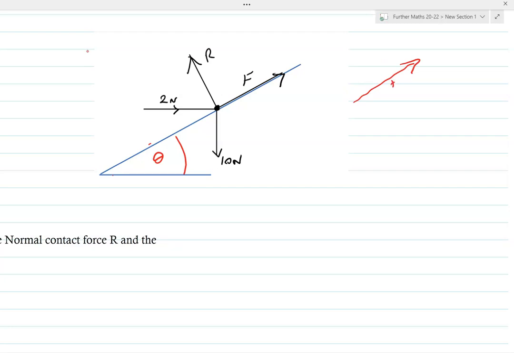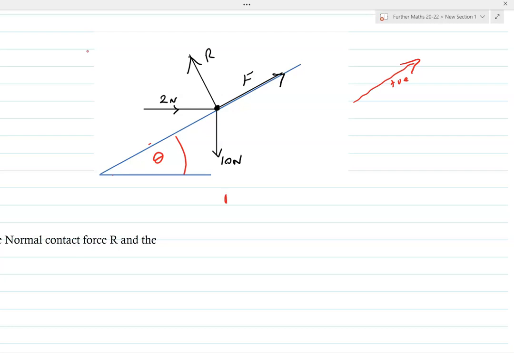And we'll take upwards as positive here, though we sometimes take downwards as positive. The important thing here is that the reaction force doesn't come into our equations because that's perpendicular. So there's no R, no normal contact force, in our parallel equation.